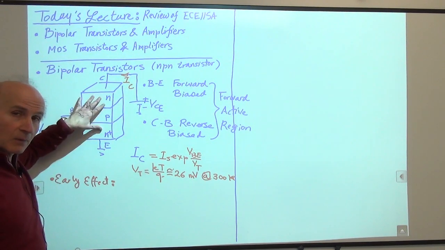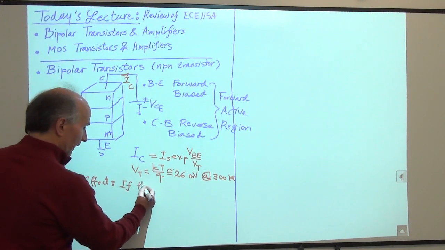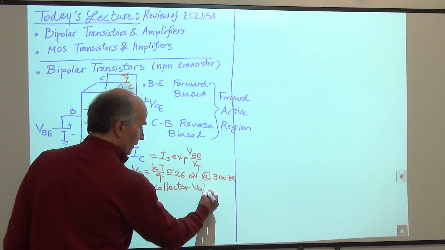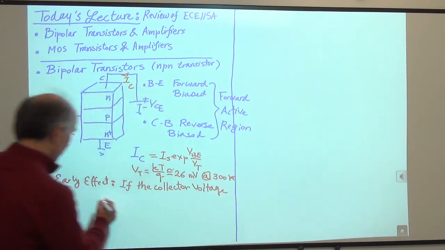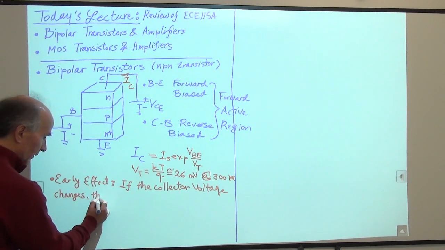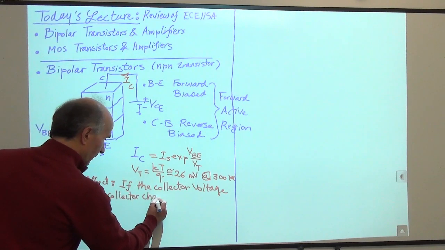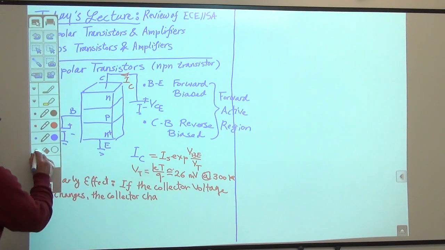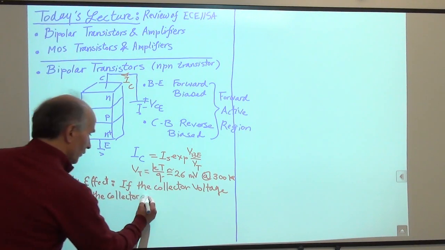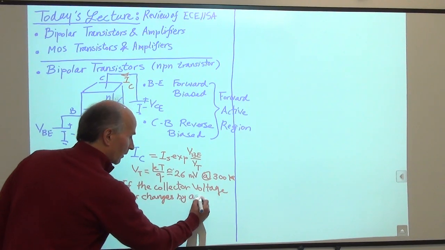So we don't go through the details, we just accept the fact that if the collector voltage changes, the collector current changes by a small amount.